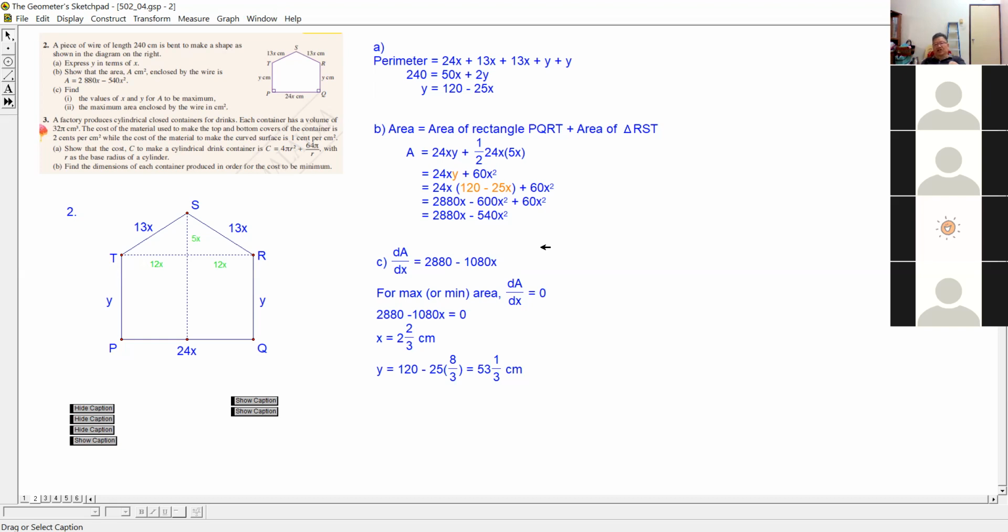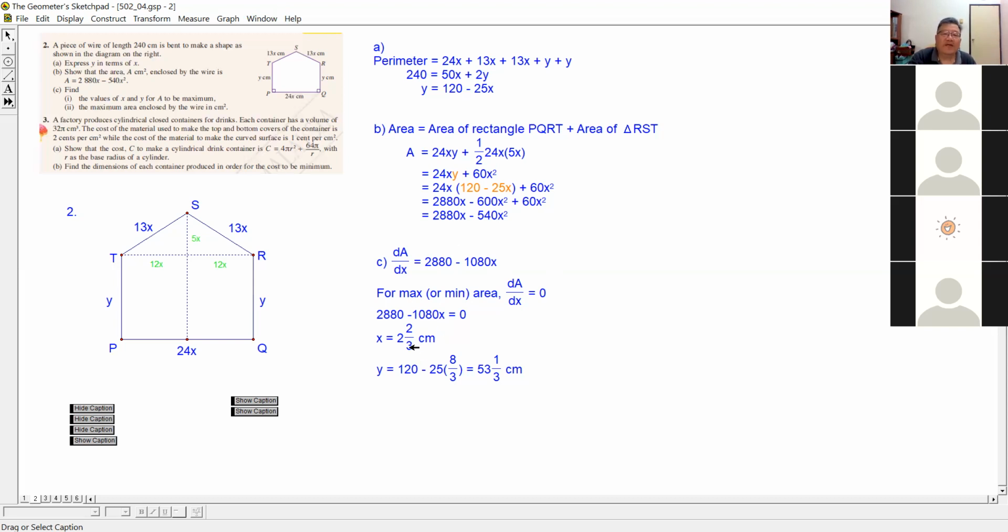So the expression that we have found for dA/dx, you equate it with 0. This is dA/dx. For maximum or minimum value of the area, dA/dx is 0. So you put this equal to 0, and you find the value of x.